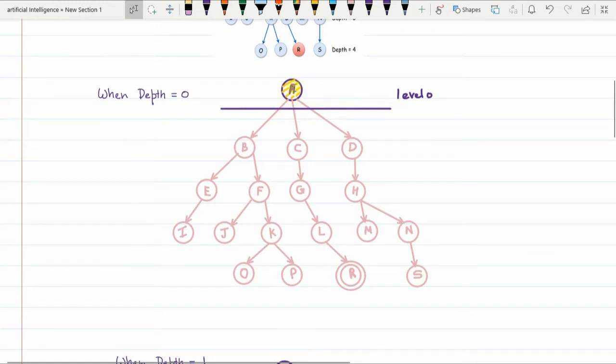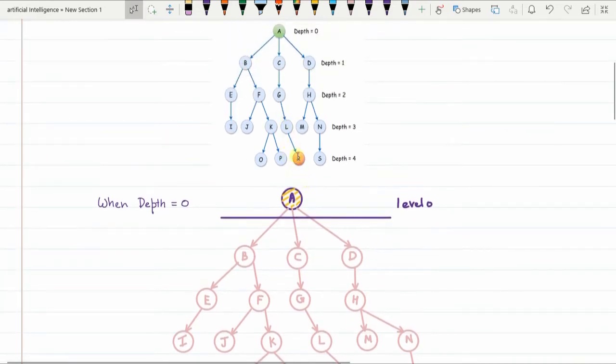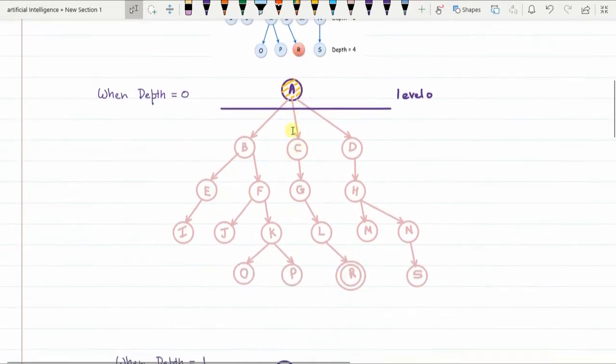Since there is only one node, we don't have to go for DFS, we only have to check whether the root node happens to be the goal node. We already know in the example that R is the goal node, so A is not a goal node. Since A is not a goal node, we can expand A further.